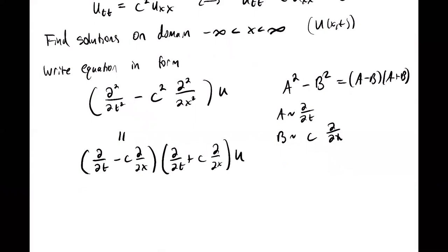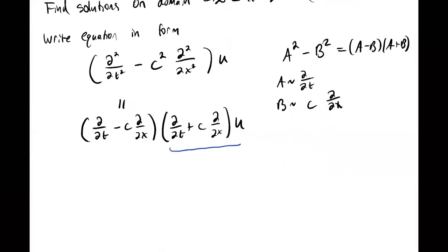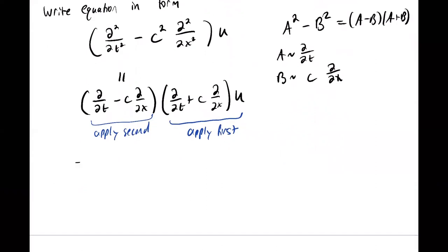Right, and so what does this actually mean more specifically? It means, well, first take these derivatives and then apply the second operation. Right, so maybe just to clarify what I mean, this is equal to the operator on the outside. And then what do I have on the inside? I have u_t plus c times u_x, right?